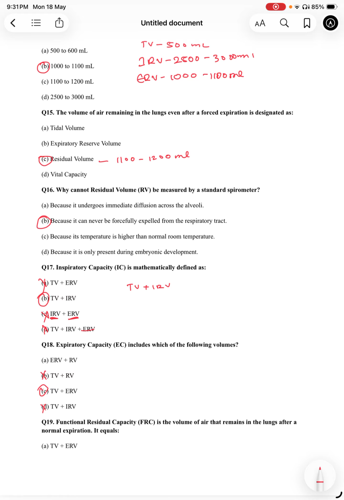Okay. Next question. Functional residual capacity is the volume of air that remains in the lungs after a normal expiration.